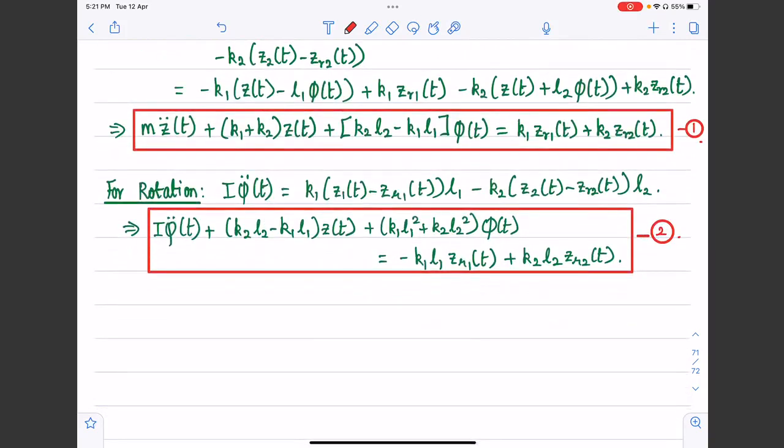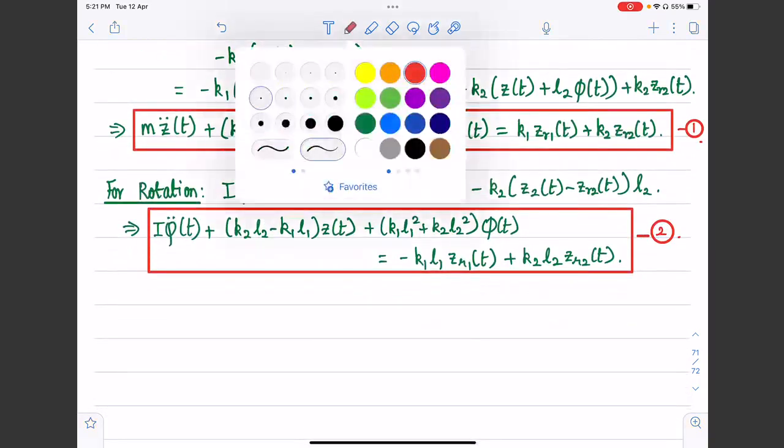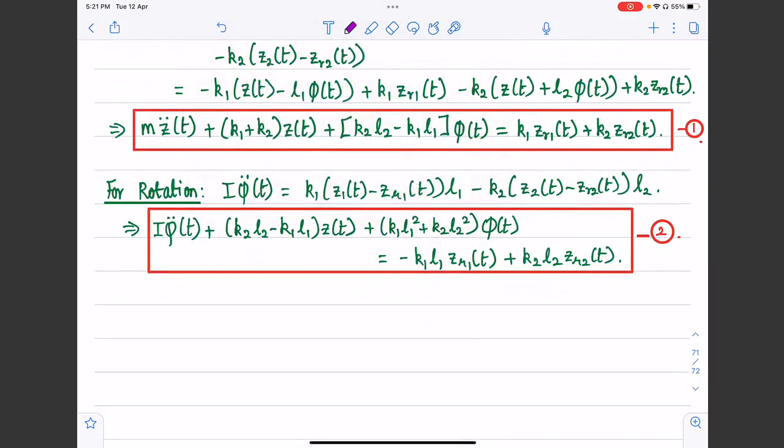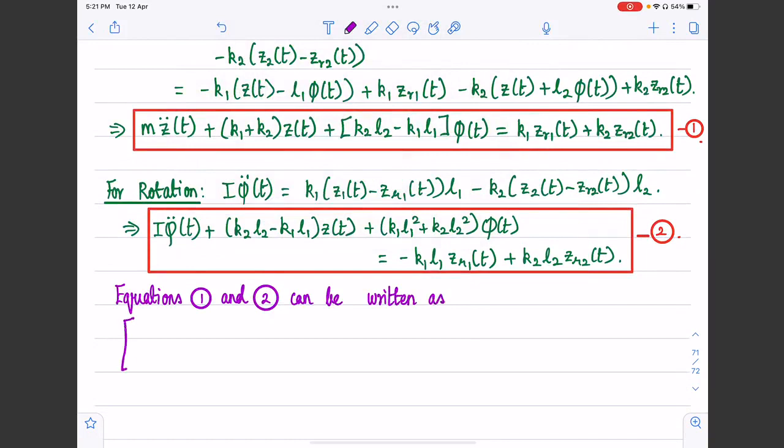All right, now we simplify. We are going to put it in the matrix vector form like in the previous class. So equations 1 and 2 can be written as the following. Okay, how can we write it?